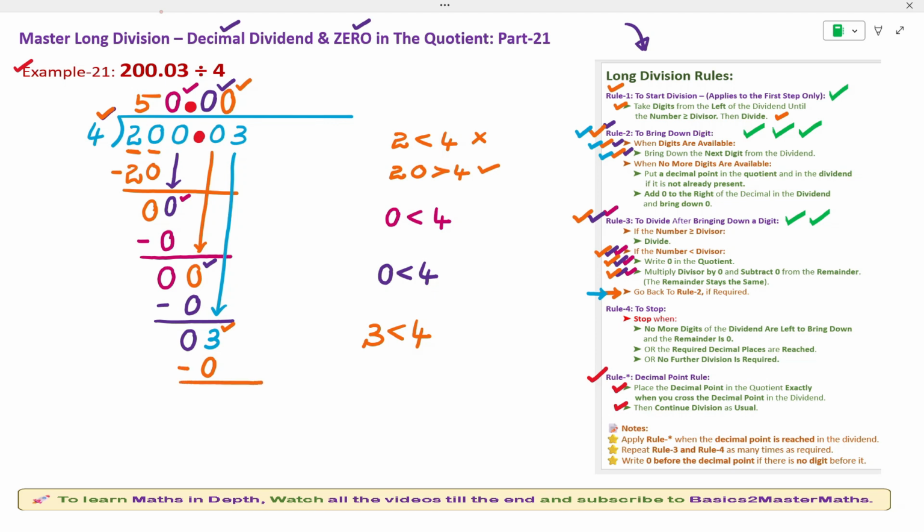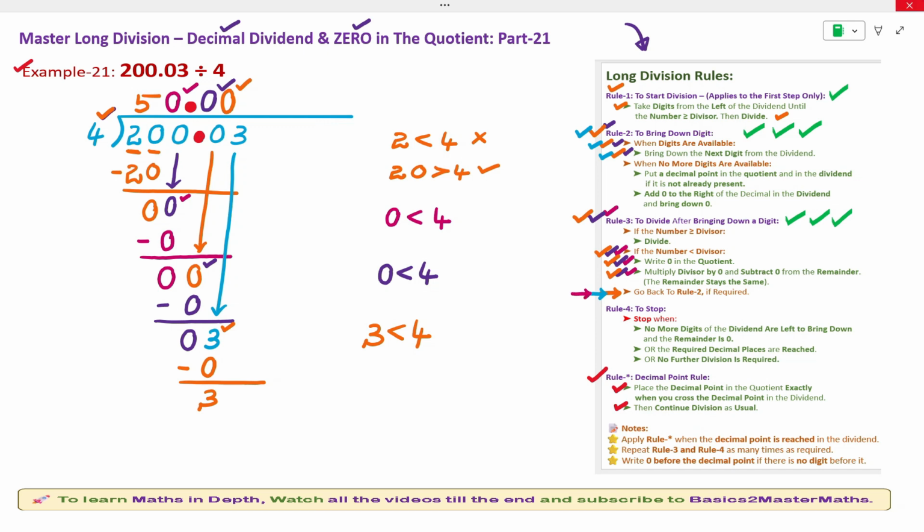So, you will get 3 as the remainder again. Now, rule 3 is complete for the third time.